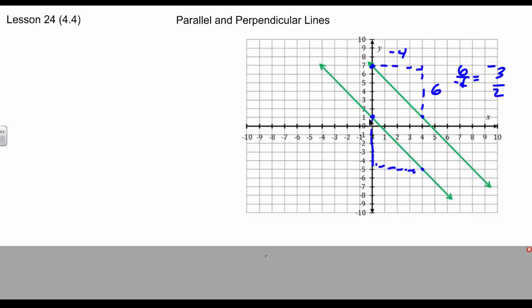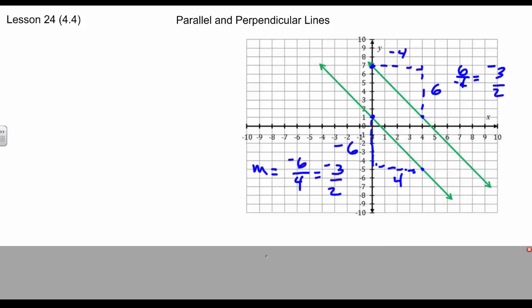And you'll notice once again, I go from 1 down to -5, which is down 6, and move over from 0 to 4, which is 4. My slope, m, is equal to -6 over 4, which again reduces to -3 over 2.